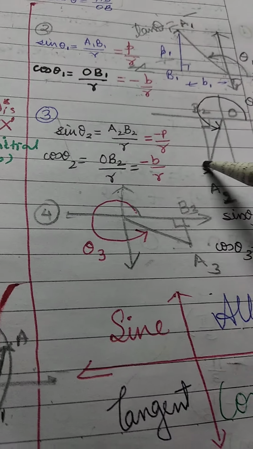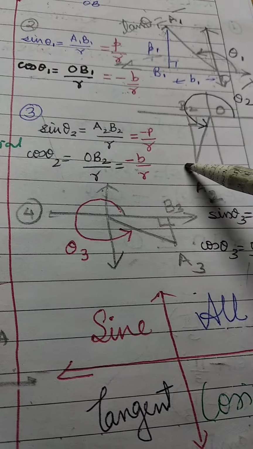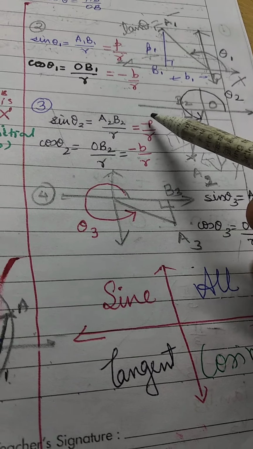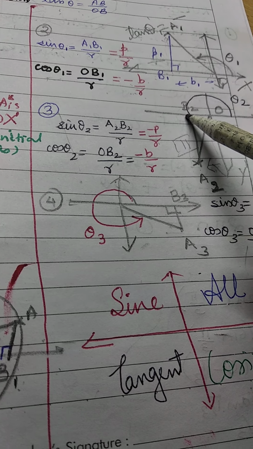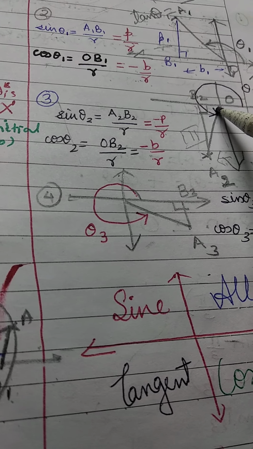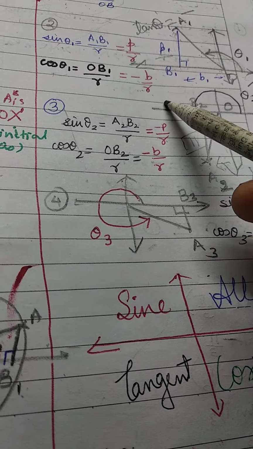Let's take up the next situation. The next situation is when the measure of the angle is greater than 180 degrees but less than 270 degrees. Greater than 180, less than 270, that's the third quadrant. In this, the length of the perpendicular is measured in the negative y-axis direction, which is minus P upon R. The distance of the foot of the perpendicular, B2 to O, is also negative on the negative x-axis.